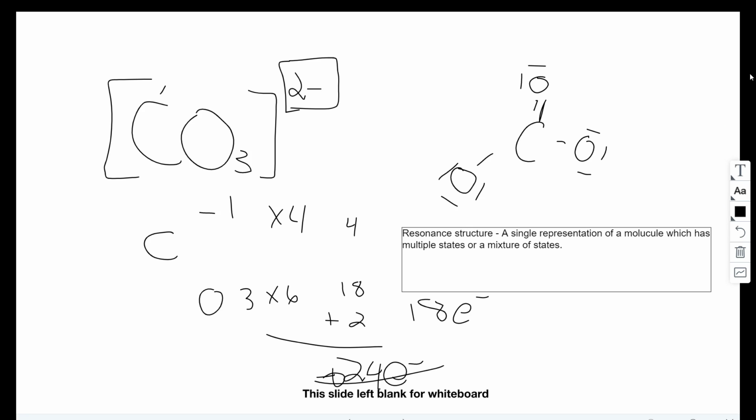Okay, and that mixture of states just means that this shared double bond is between all three of the oxygens. So at some point, all of them are sharing that one extra electron to make this one happy.